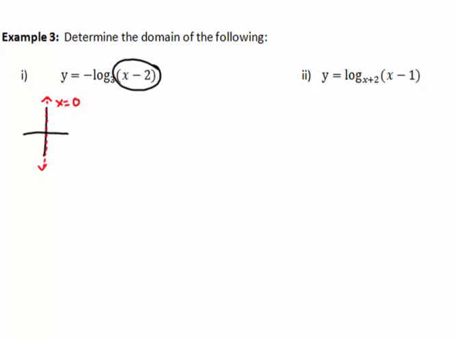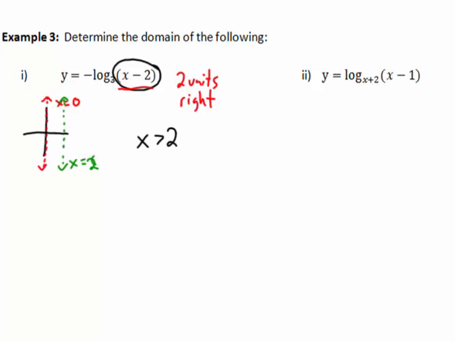Now this is telling us that the graph has been translated 2 units to the right, which means our asymptote must get translated 2 units to the right. And that means that our values in our logarithm must always be greater than 2 for this particular logarithm.